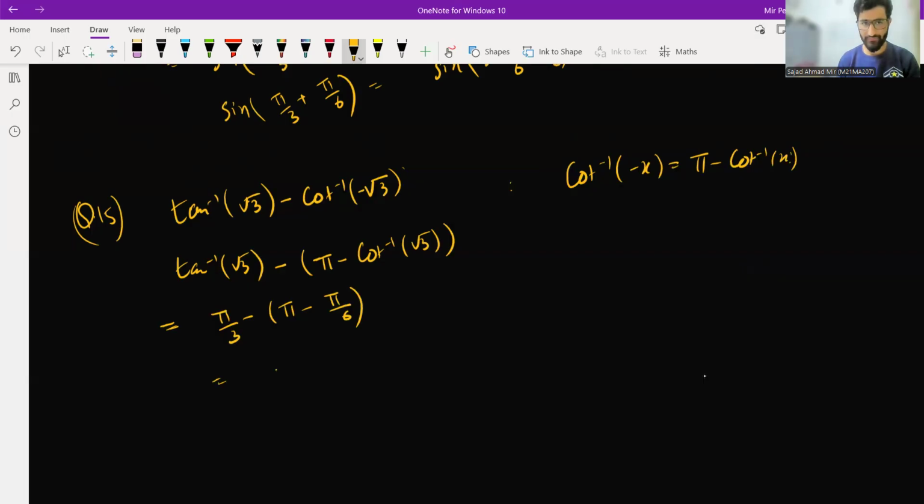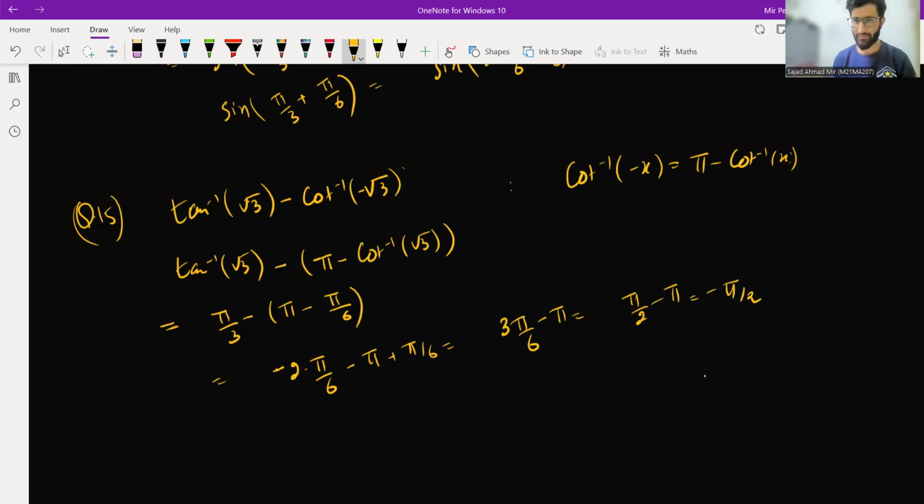So this will be 2 into pi by 6 minus pi, minus minus gets plus pi by 6, and we get the answer 3 pi by 6 minus pi, which is pi by 2 minus pi, which is minus pi by 2.